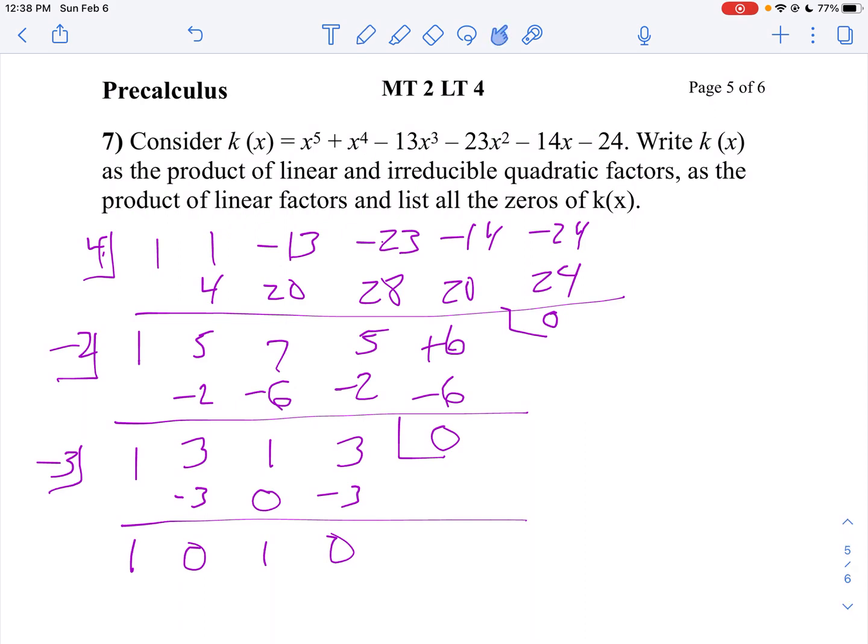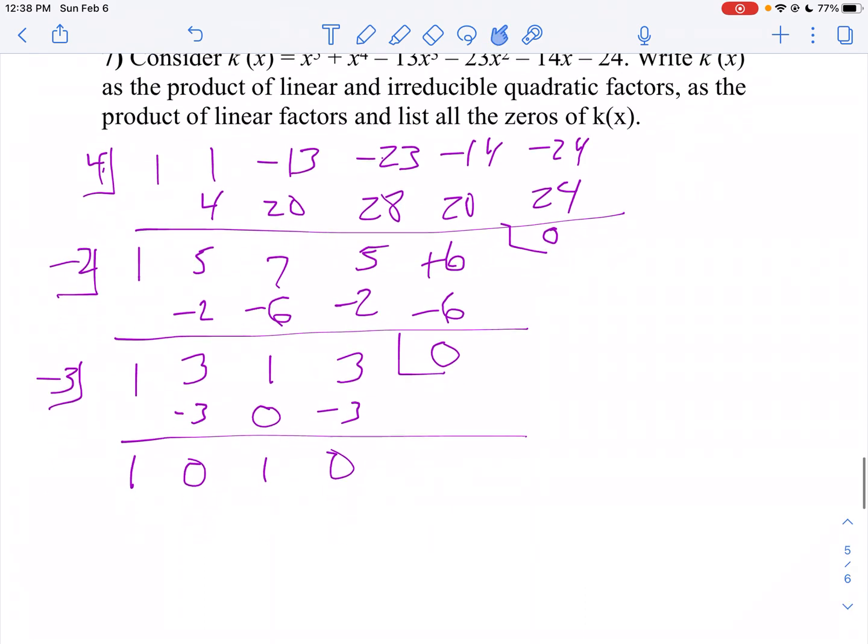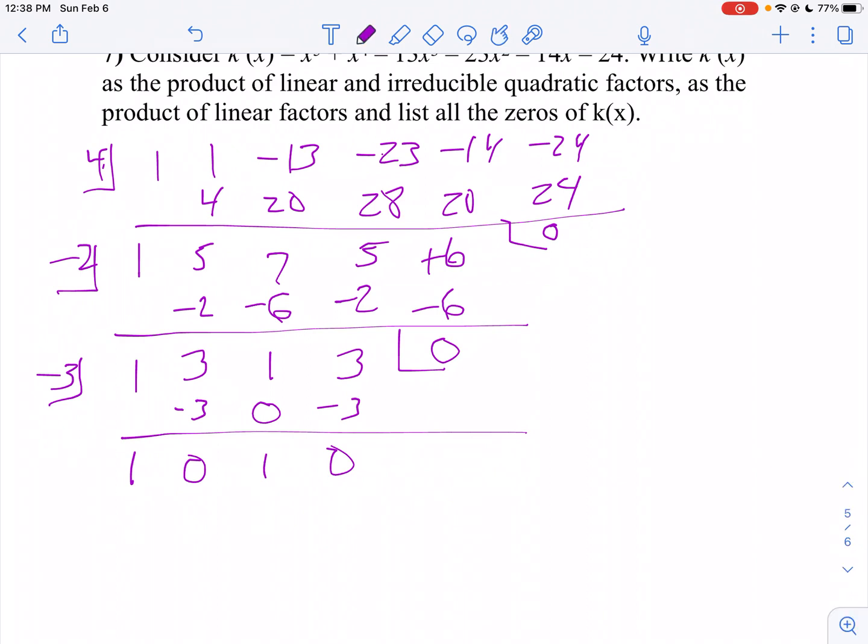Now I can write this as a product of linear and irreducible quadratic factors. So in other words, I'm going to say x minus 4 is one root, times x plus 2 is my second root, times x plus 3 is my third root.